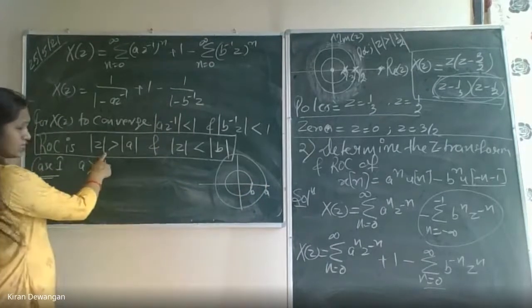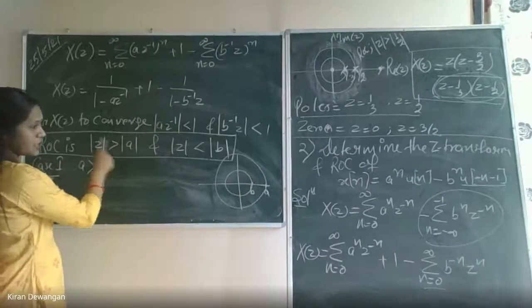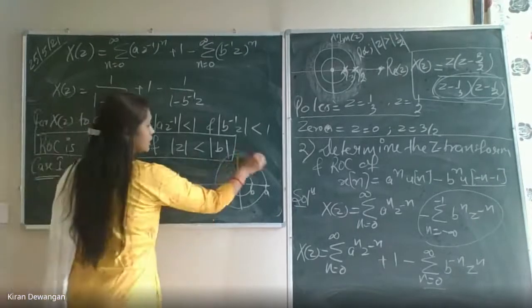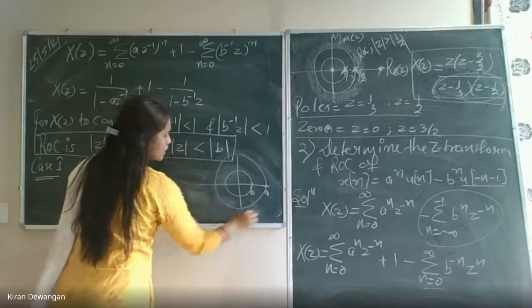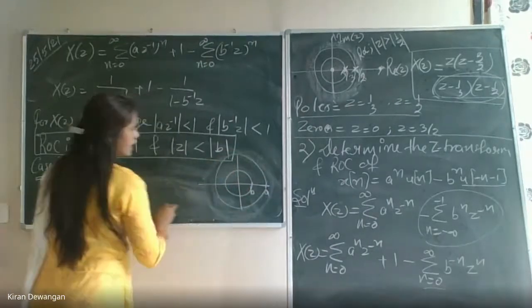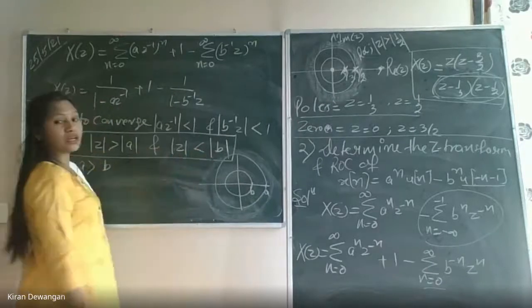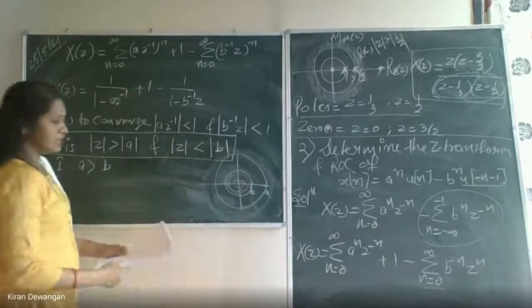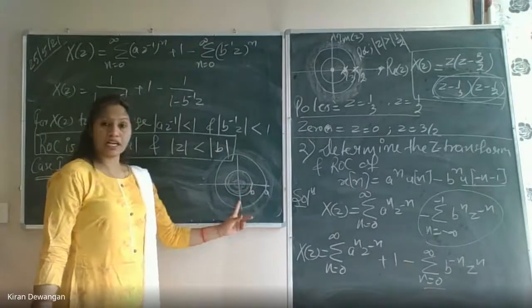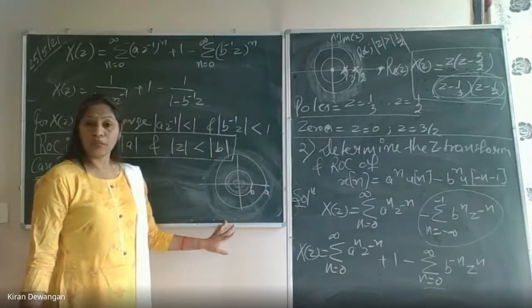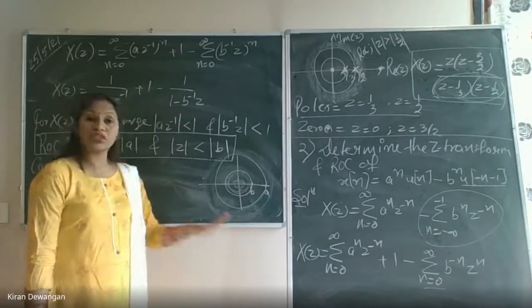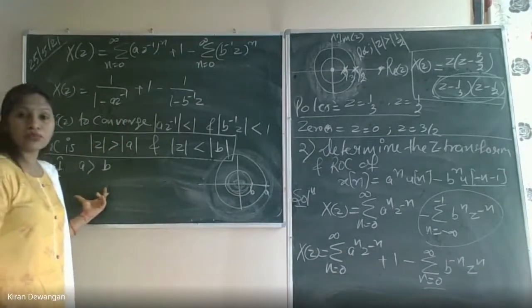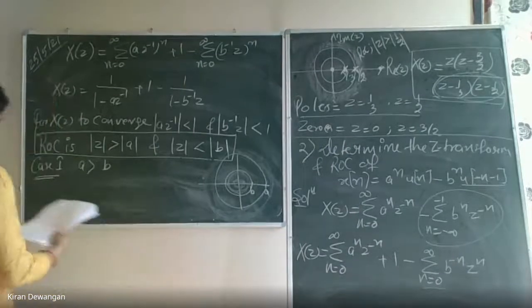Now according to this condition, what I am saying is ROC should be greater than a, मतलब exterior of the circle of radius a. ठीक है. This part, and it is saying it should be interior of the circle of radius b, मतलब ये वाला part होना चाहिए. Now since with this condition when a is greater than b, we are not getting any common region. So this particular condition should not be valid. In this one, x of z will not converge.